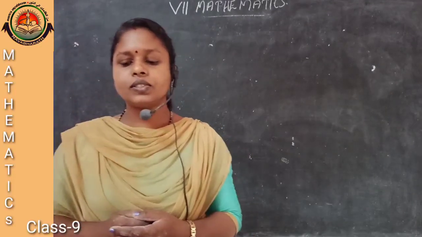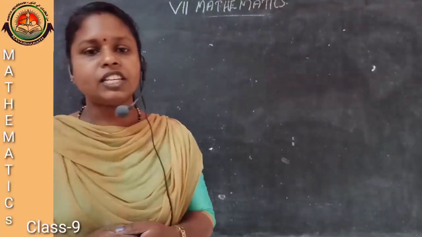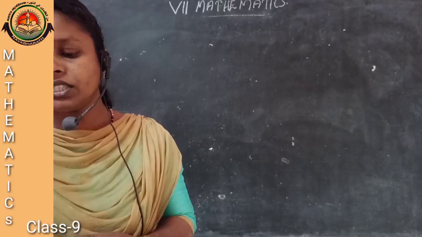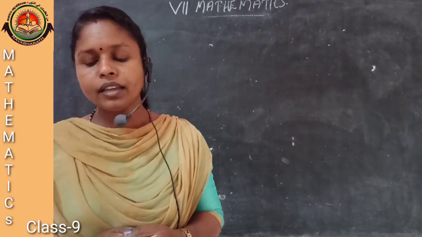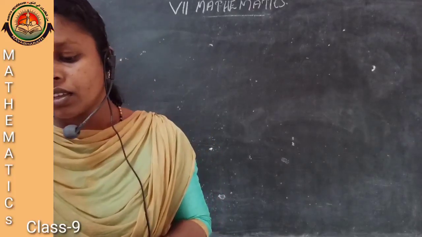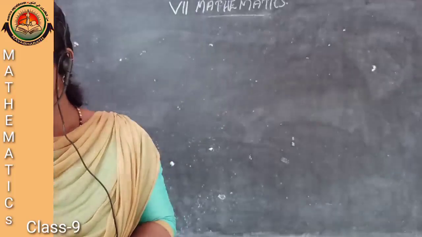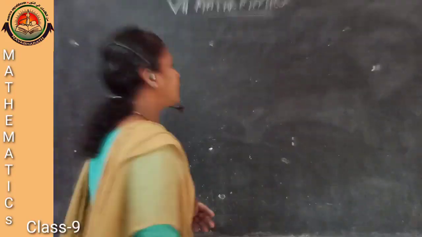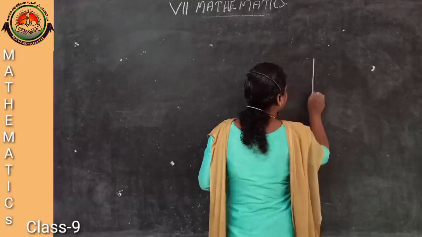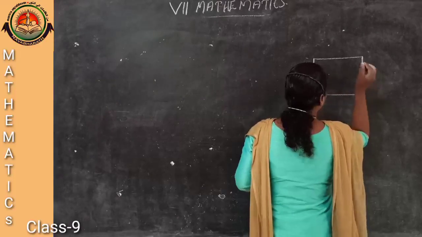Okay, then first question. A square measures 6 centimeter on each side. What is 1 by 3 of the perimeter of the square? We have a square.